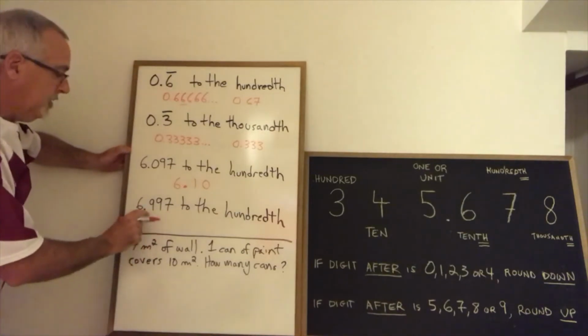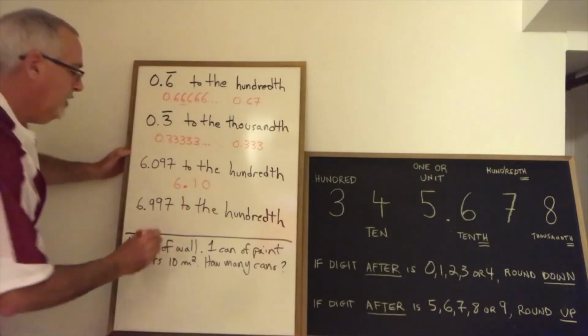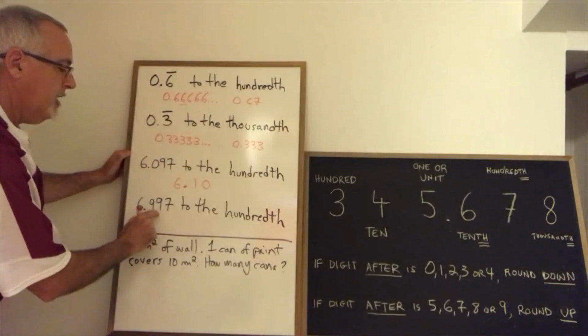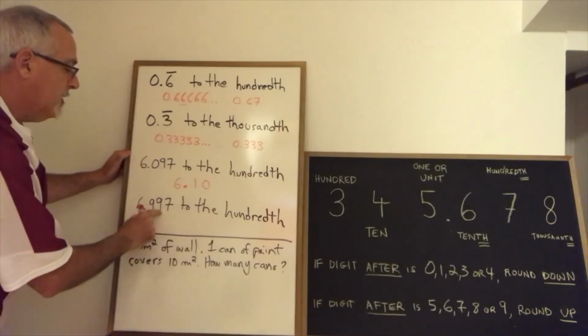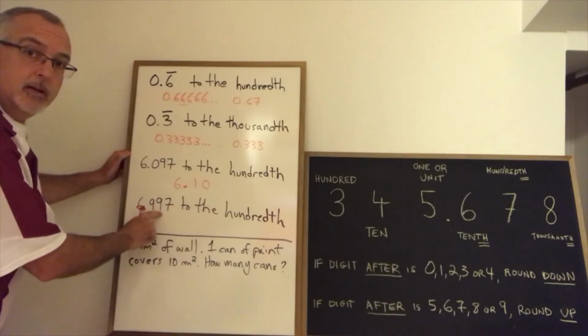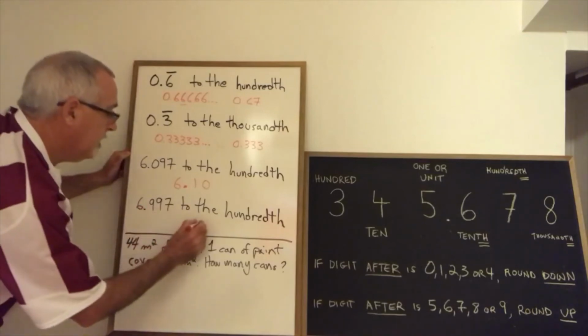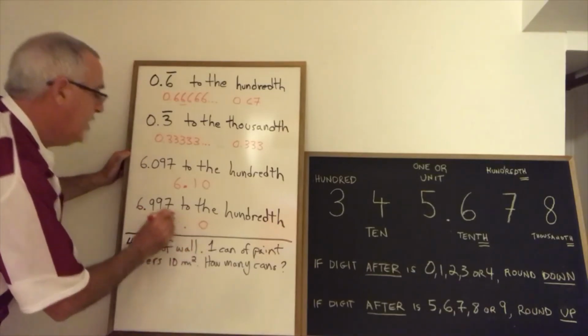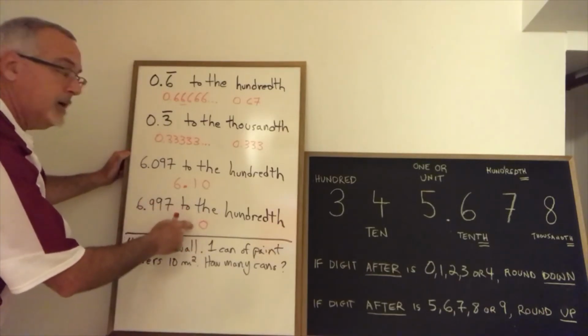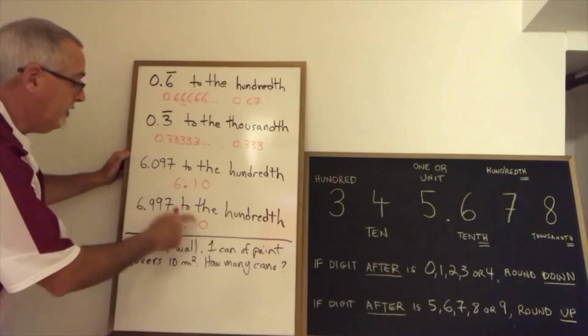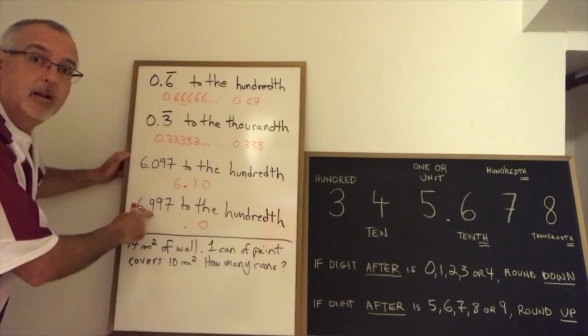Another similar example, 6.997 to the 100th. The 100th is this 9, the number after it is a 7, so that 9 has to go up to a 10, which means I show a 0 in that position. And the 1 goes into the next spot to the left, but the next spot to the left this time is another 9.